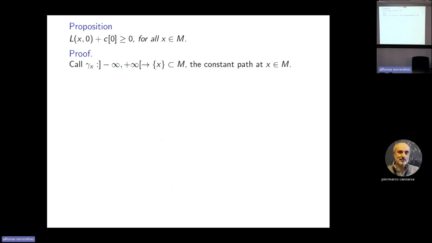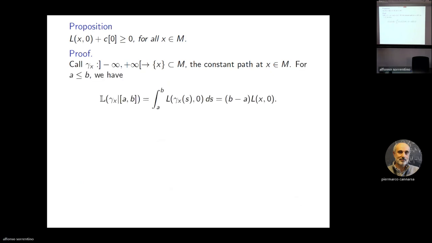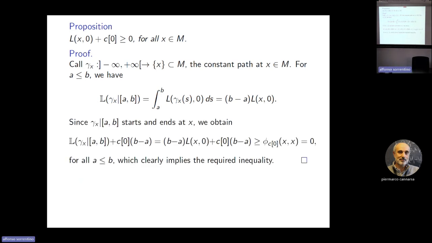So we take the constant path at x. Its action, because it's a constant path, the speed is 0, is exactly the integral from A to B of L(x, 0). Gamma starts at x and ends at x.